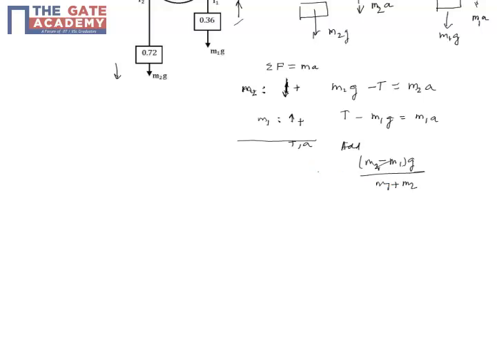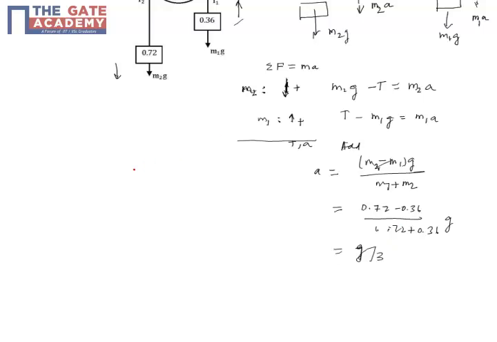So this is your acceleration. This will be actually (0.72 minus 0.36) by (0.72 plus 0.36). So this comes to basically G by 3. So this is the acceleration.